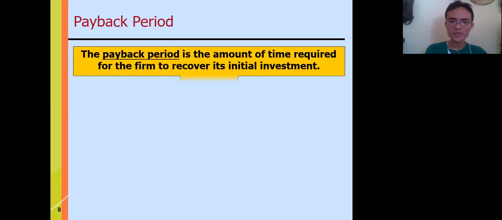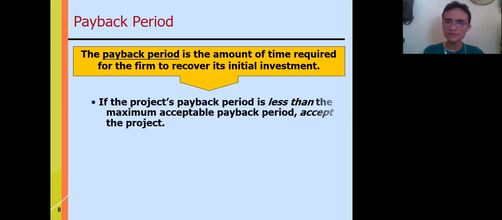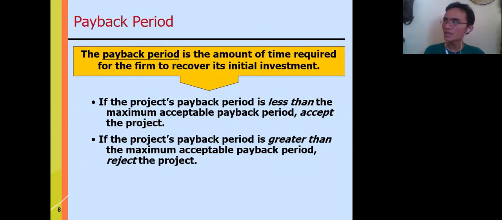Next is payback period. As what I've said, it's the amount of time by which the firm or company would recover the initial investment. So how do we analyze, for example, this case? The analysis here is that if there is a standard for payback period that is acceptable, and it is less than that or equal, then we are going to accept the project.